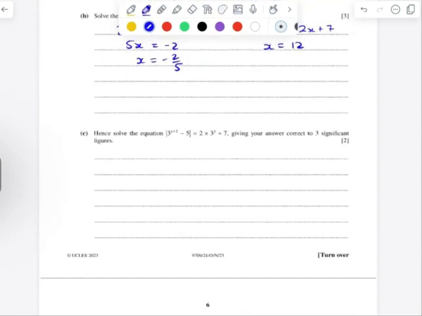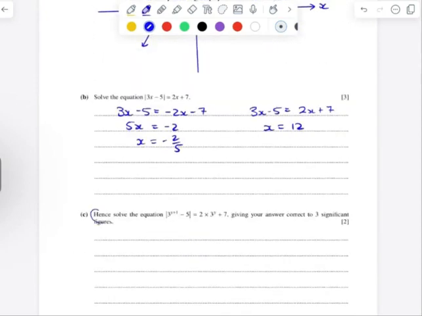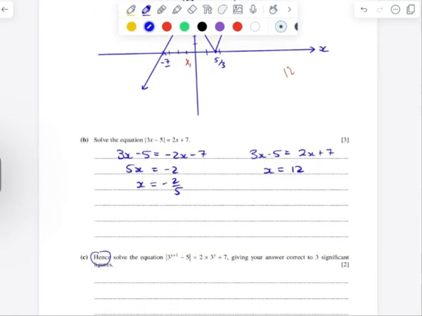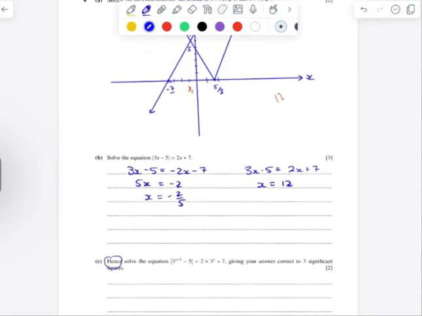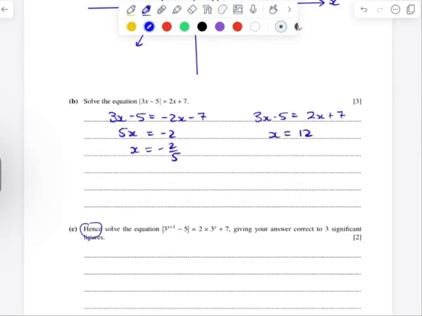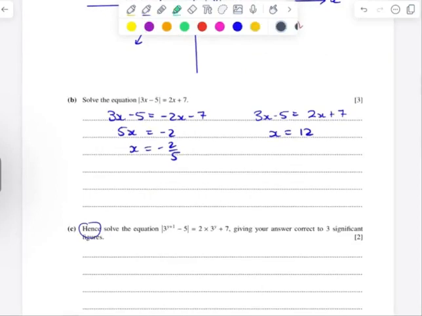So it says hence solve. Okay, hence means we're going to use what we just did. So that means we should look out for what is similar between the two. So if I take a look, I'm comparing here my 2x plus 7, and here I've got a 2 and then 3 to the power of y plus 7. So can you see that it makes sense that x is equal to 3 to the power of y in this case?